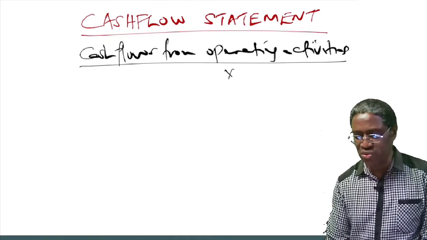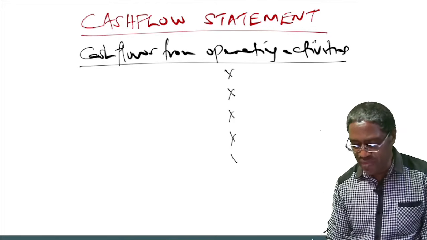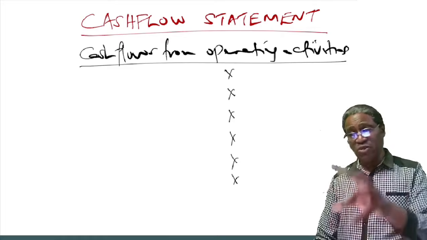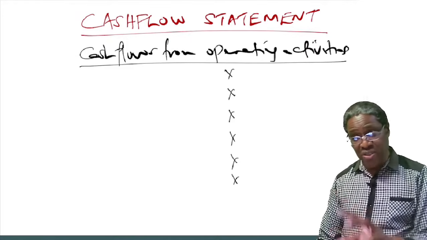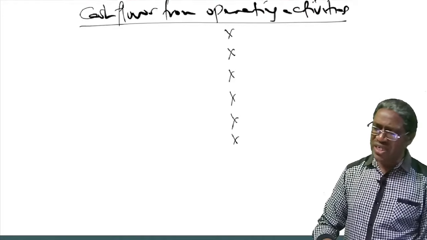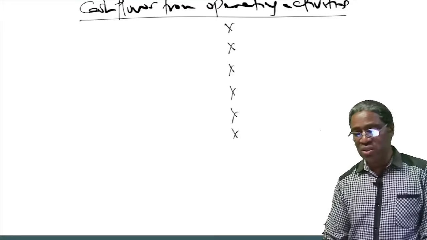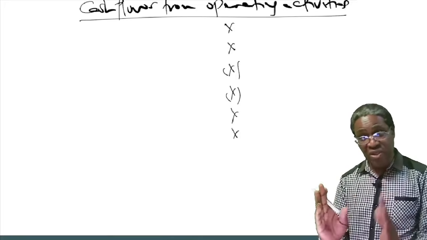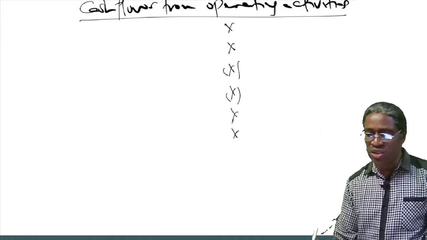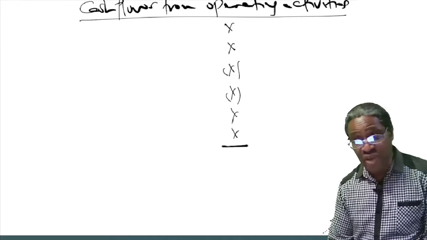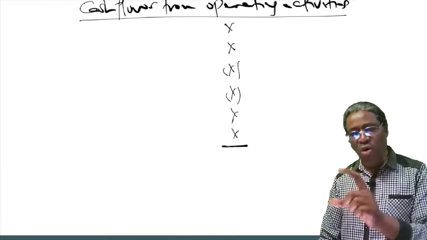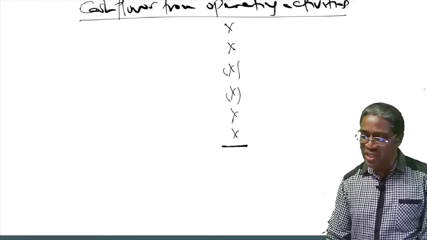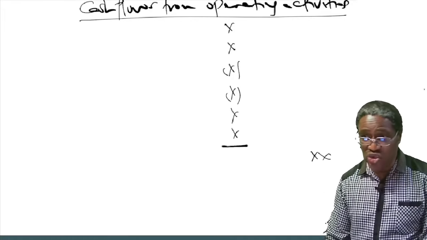Once you identify them, some will be positive, some will be negative. You are required to get the net of all those operating activity cash flows.